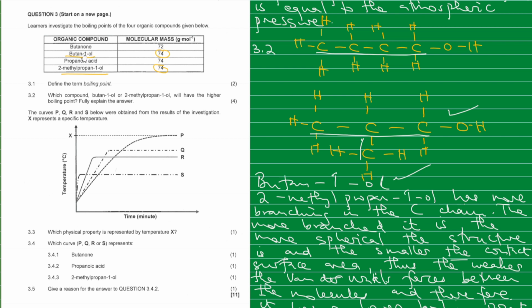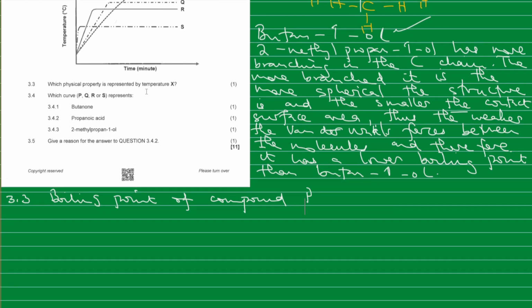Butanol is an alcohol. So alcohol has got strong hydrogen bonds, so it has got the highest boiling point. But anyway, let's leave that one. So 3.3 is indicating the boiling point of compound P, that is the physical property that we have here.